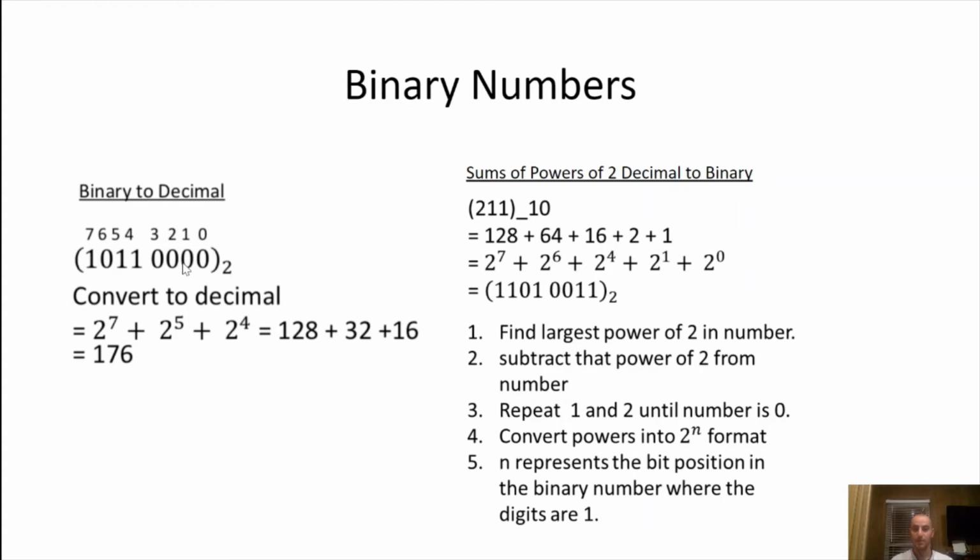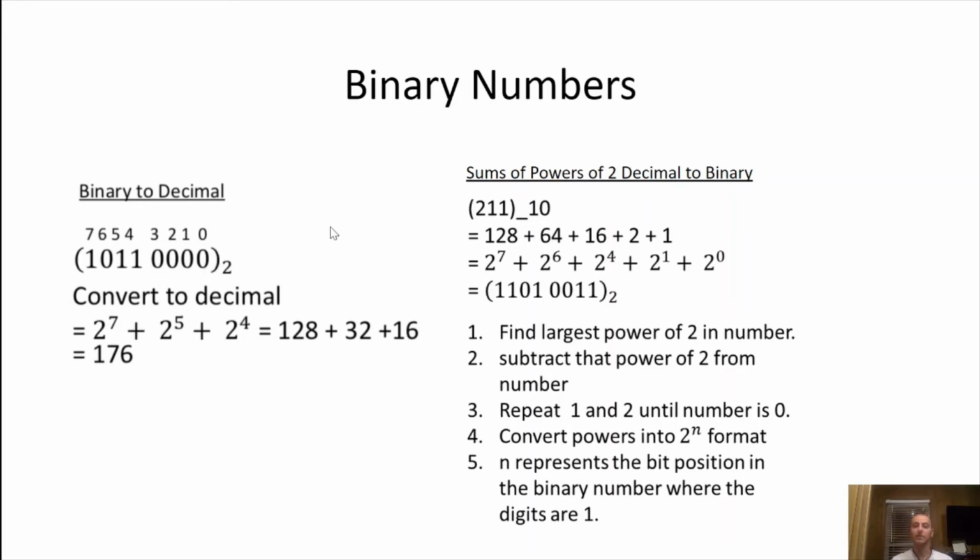The value is the base to the power of that index, so 2 to the 7 times 1, we ignore the zeros, 2 to the 5 times 1, and 2 to the 4 times 1. That's what we have here. Then we add them to get 176, and that's this binary number in decimal.